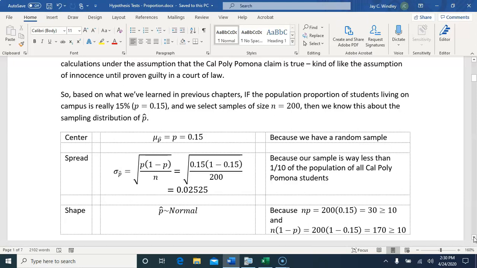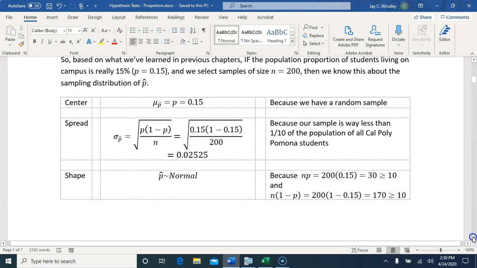The standard deviation of the p hats is the square root of p times 1 minus p over n, which is 0.02525, assuming that the claim of 15% is correct. And the p hats are approximately normal because n times the claimed population p and n times 1 minus the claimed population p are both greater than or equal to 10.